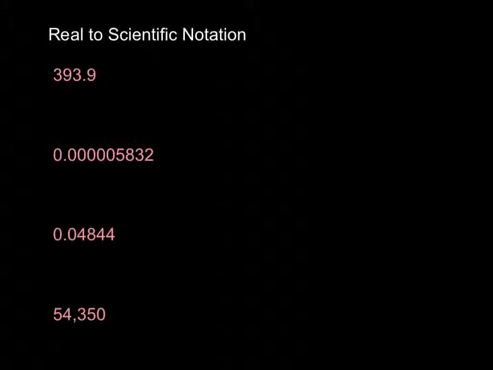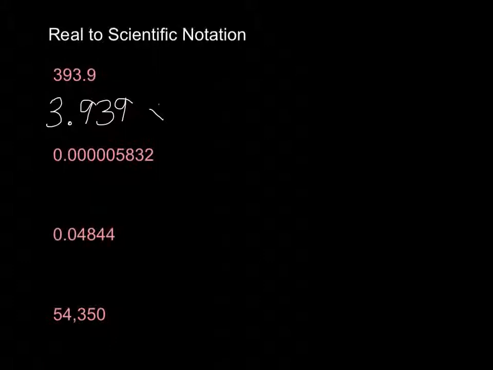It's a number between 1 and 10. When we write this in scientific notation, we need only one number to the left of the decimal. So 393.9 becomes 3.939. Okay, so it's a number between 1 and 10.